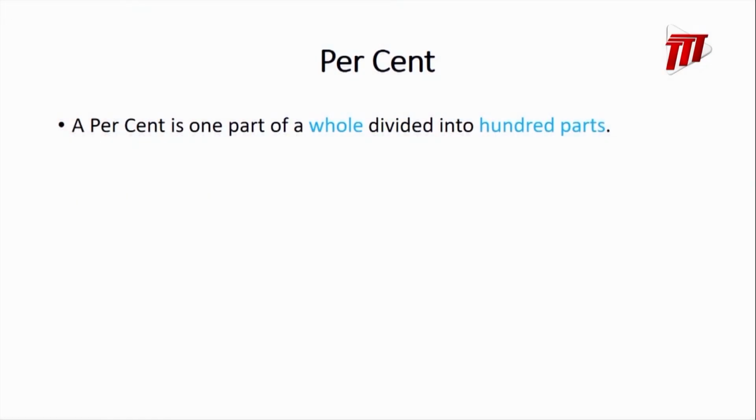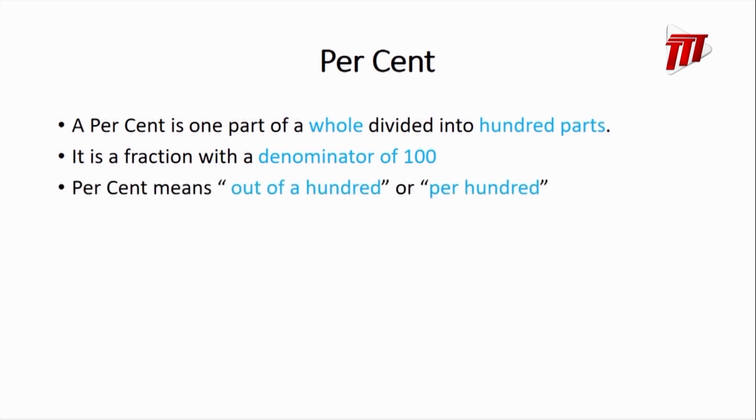So a percent is a special fraction with the denominator as 100. It's a fraction with a denominator of 100. What does percent mean? Percent means out of 100 or per 100. So it means in every 100, this is the part that is represented. As we saw with the 5%, the 1%, the 10%, and the 25%.